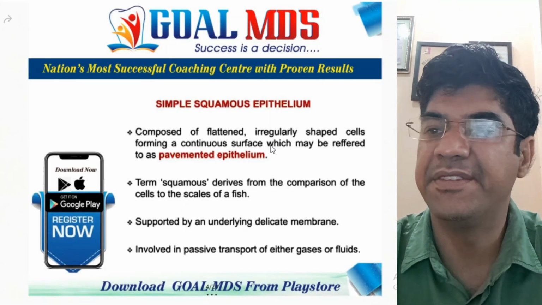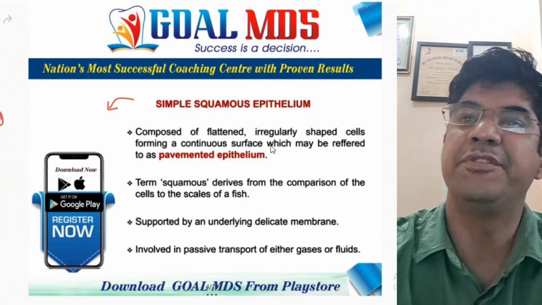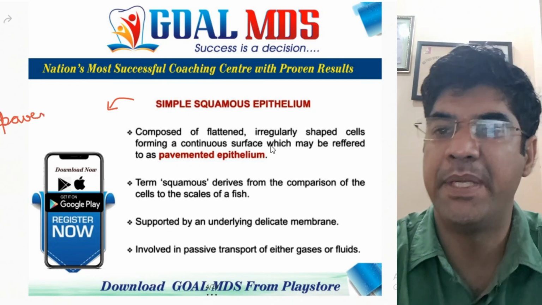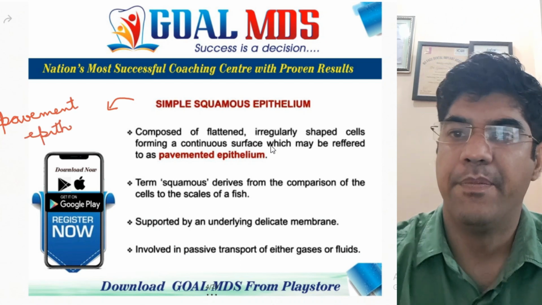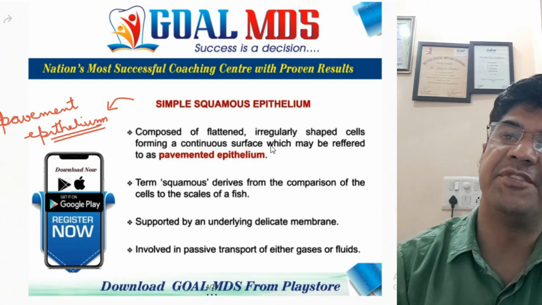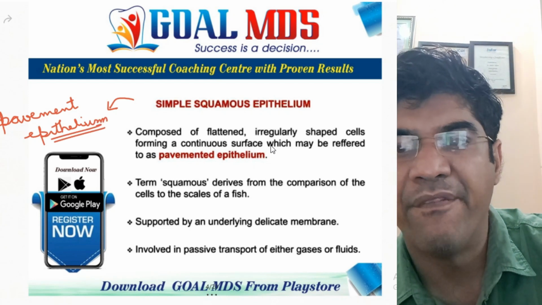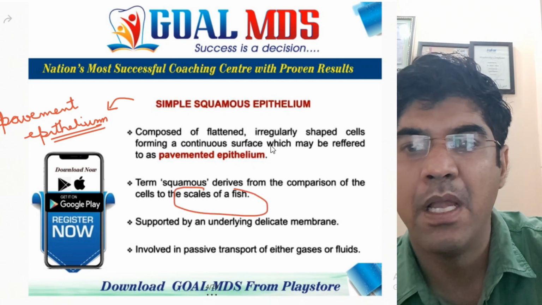So let us discuss the various types. First comes the simple squamous epithelium. The simple squamous epithelium is also known as pavement epithelium. Why is simple squamous epithelium known as pavement epithelium?